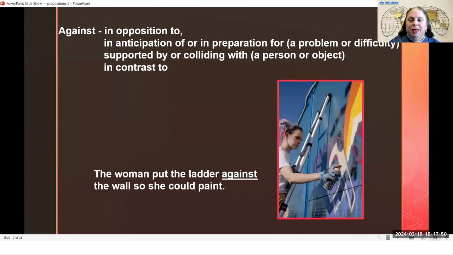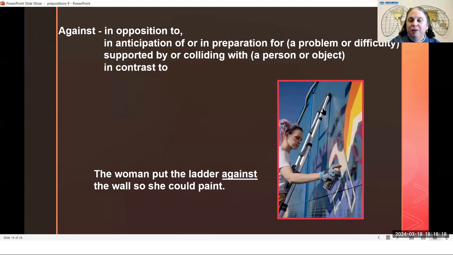Now we're going to see an example of against meaning supported by or colliding with a person or an object. The woman put the ladder against the wall so she could paint. Here the ladder is supported by the wall. If the ladder was not touching the wall, the ladder would fall down.